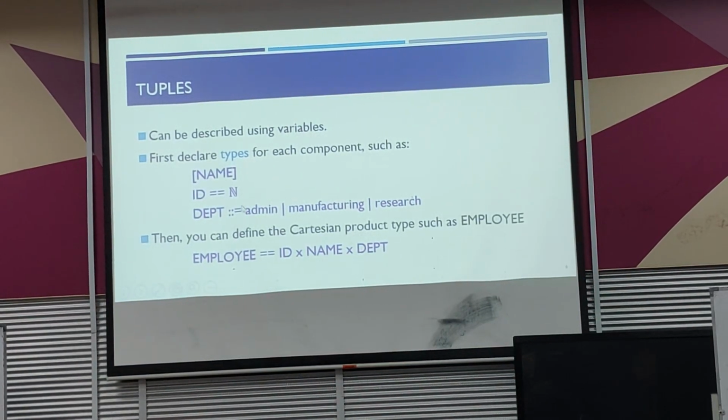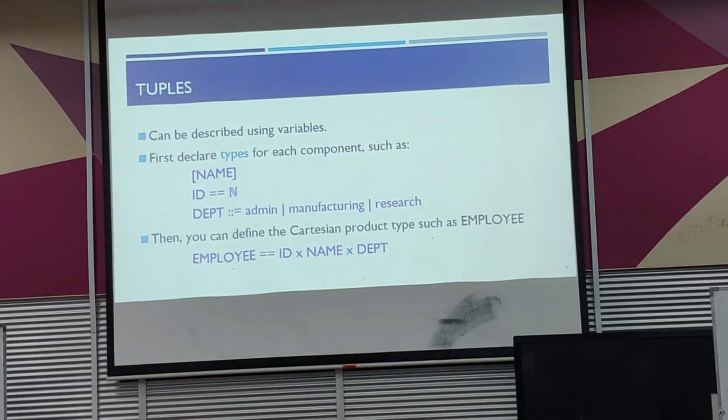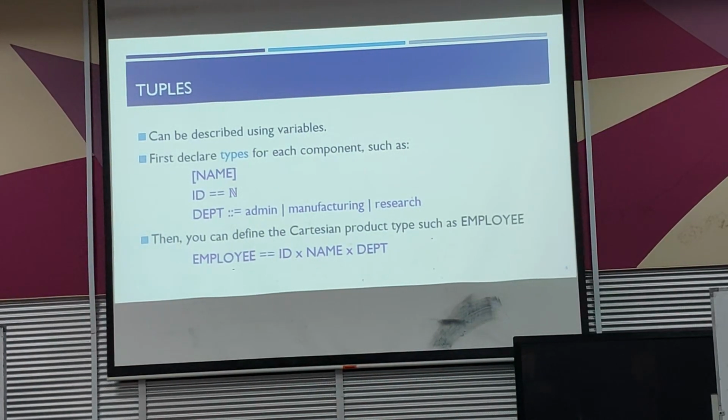If you want to have day, month, year, normally for month you can do a free type, 1, 2, 3, 4, 5 and so on. For day also you can have 1, 2, 3 until 31, free type, you can do that. And then for year maybe n.